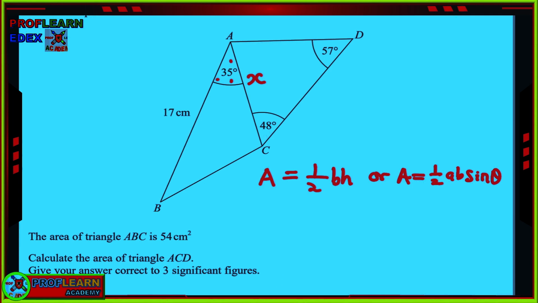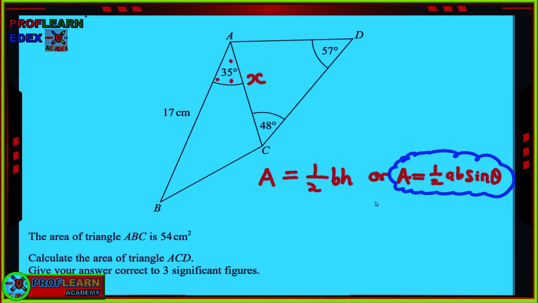Now, you use half ab sine theta when you do not have a right angle triangle. So at this given point, we have the area, and we are going to use this formula.